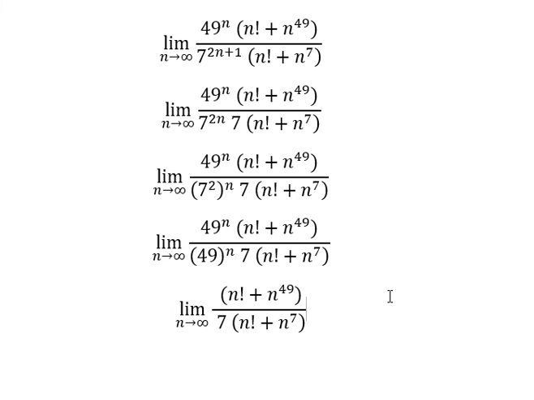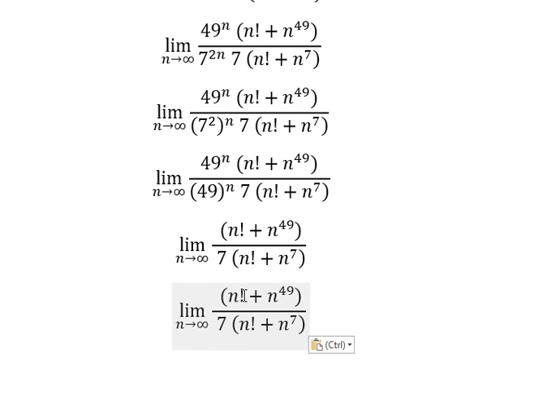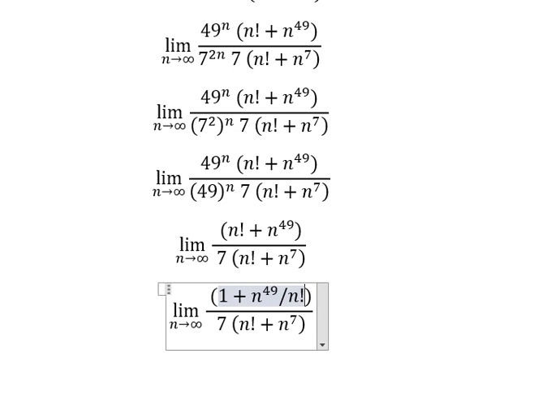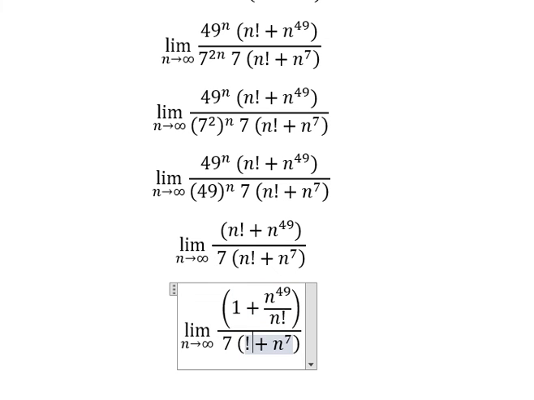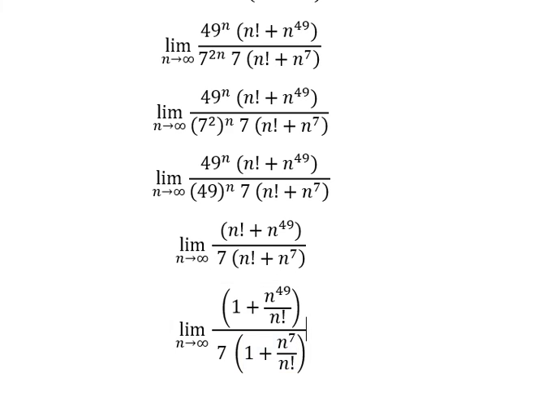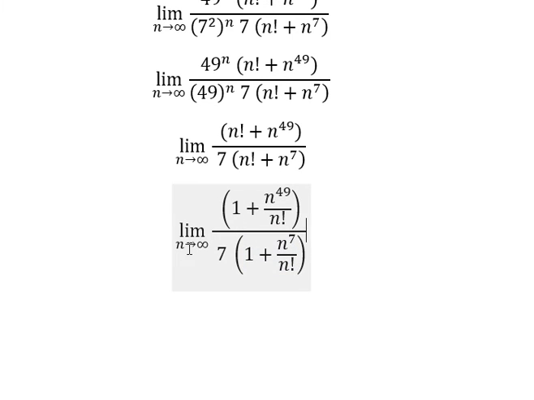Next, we divide by n factorial on numerator and denominator. So when n approaches positive infinity, this one will go to positive infinity.